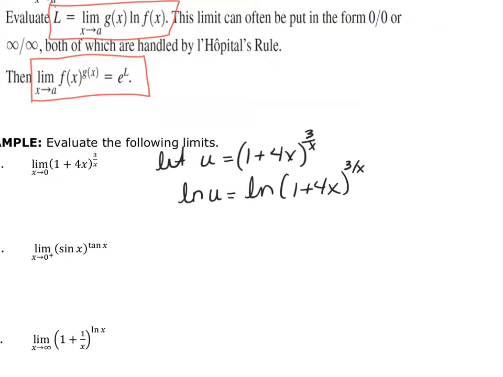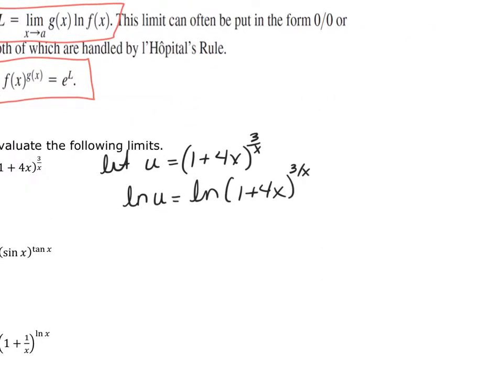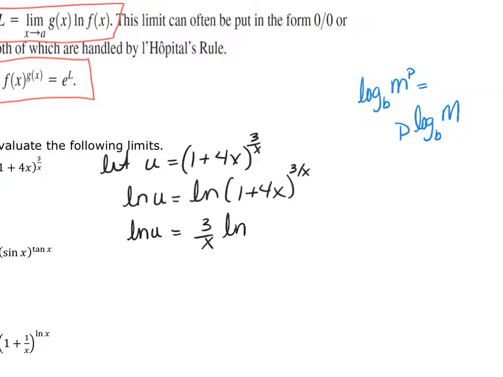I have this rule that says if I have some log base b of m raised to the p, then the p will come down out front as a multiplier, and I have the log base b of m. So this is called the power rule for logs, the exponent rule for logs. So I'm going to bring that 3 over x to the front as a multiplier. So the natural log of u is equal to 3 over x, the natural log of 1 plus 4x.